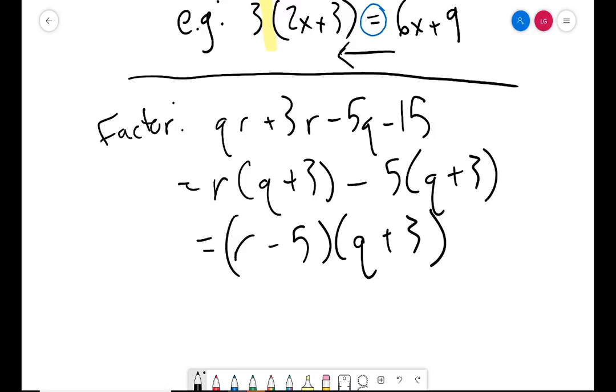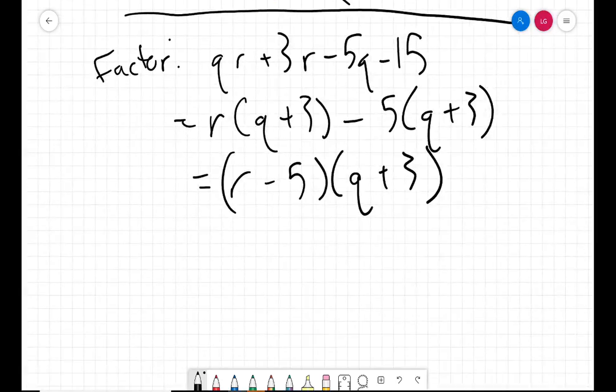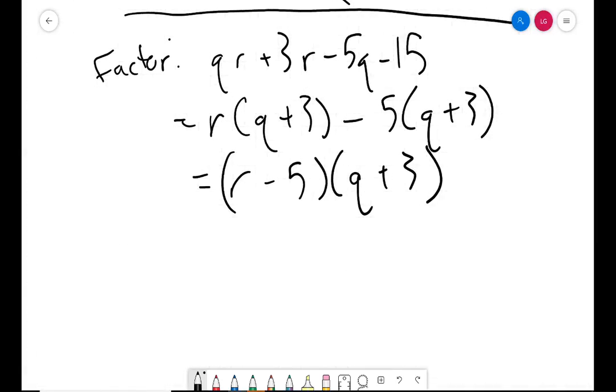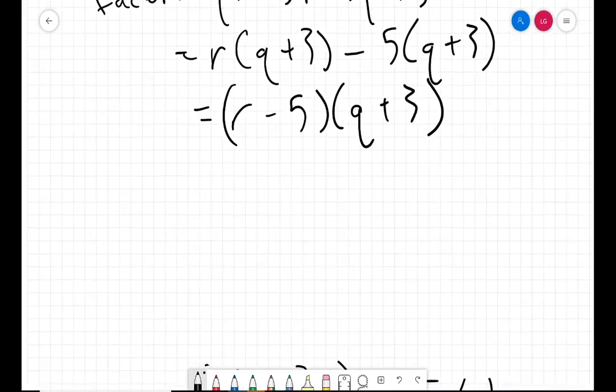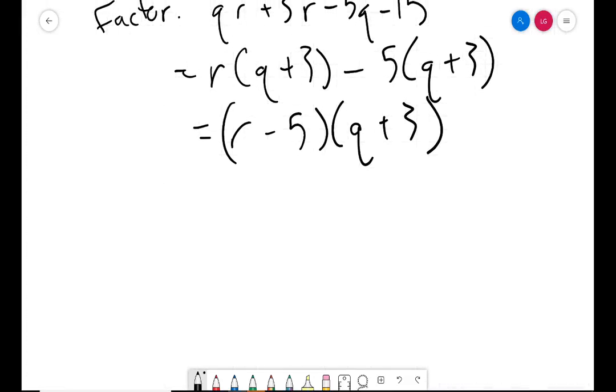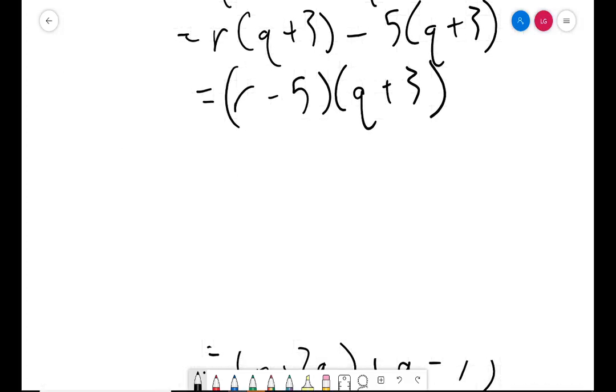So it's a good example that just illustrates what grouping is all about. It goes from 4 individual terms down to 2 pairs of 2 terms.